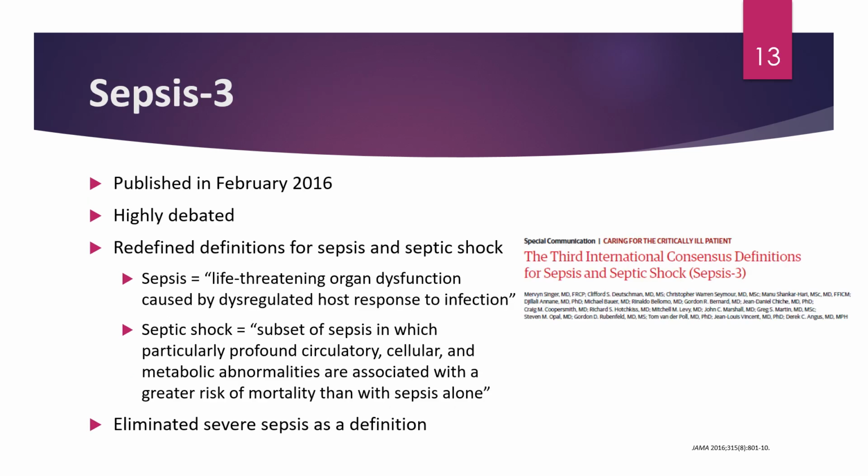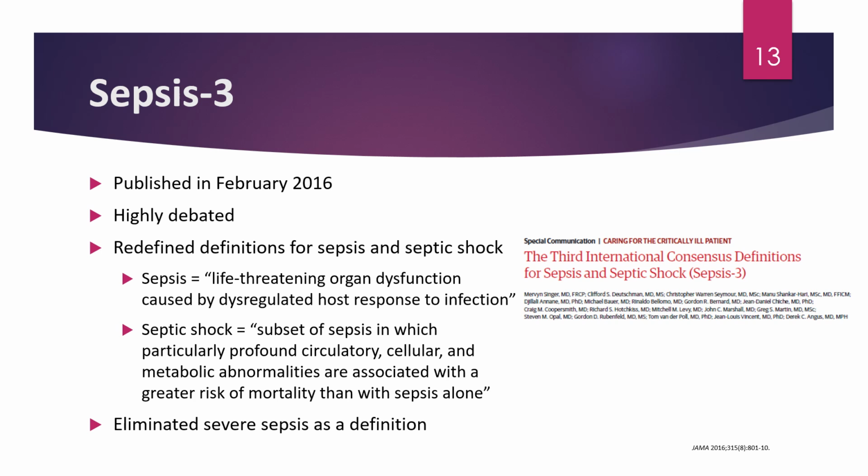Now, that was the 2012 guidelines that we talked about on the previous slide. A document that followed that was called Sepsis-3, published in February 2016. Again, it's highly debated. It redefined the definitions for sepsis and septic shock.